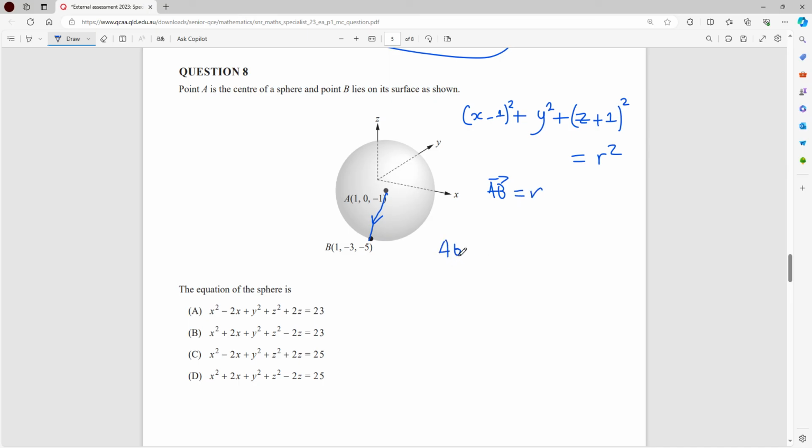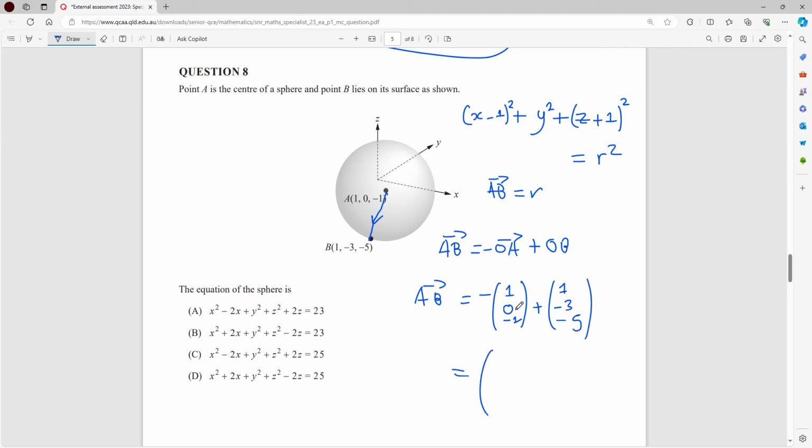So A to B is negative O to A plus O to B. So A to B is (-1, 0, -1) plus (1, -3, -5). That would give you 0. That gives you -3. And this would give you -1 times -1 is +1, so +1 plus -5 is -4. Okay, so that would be A to B.